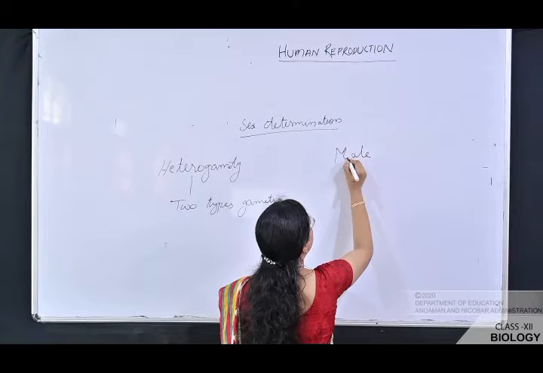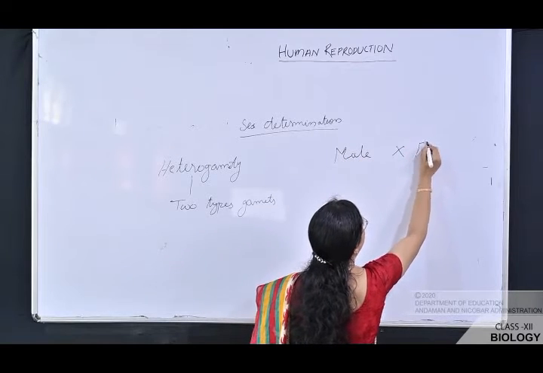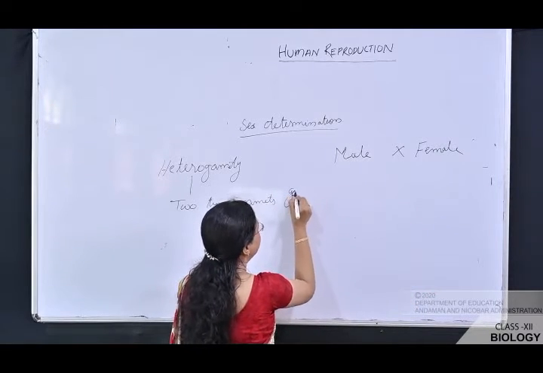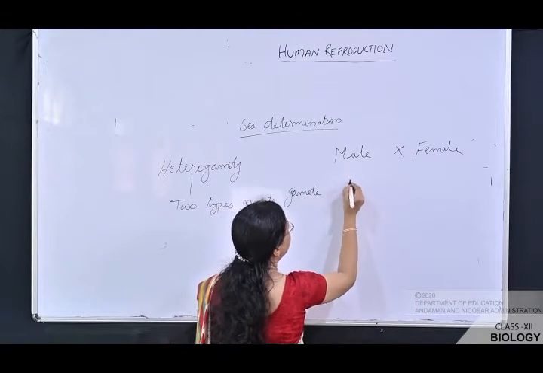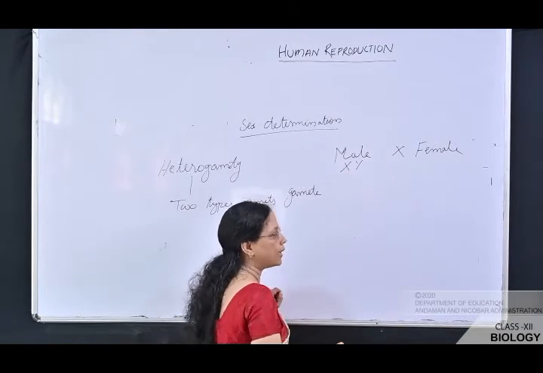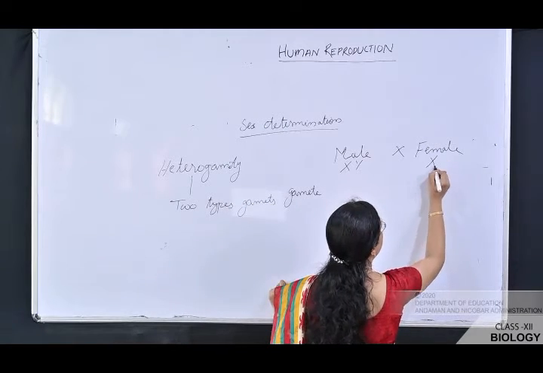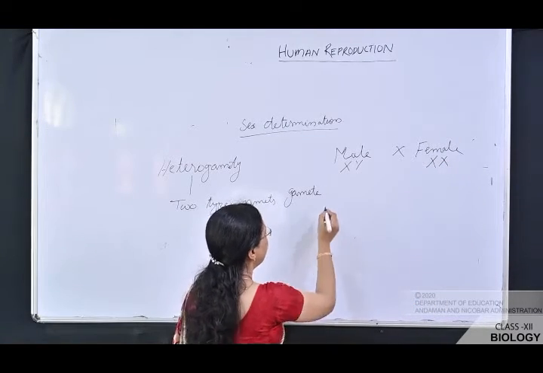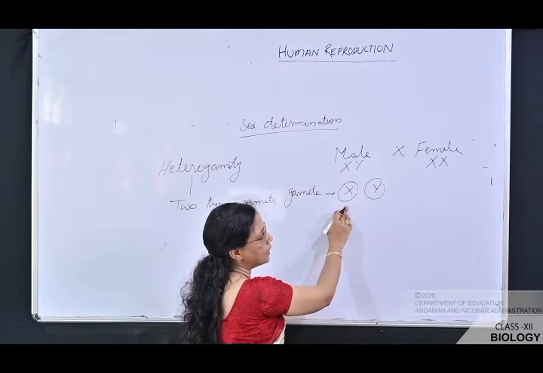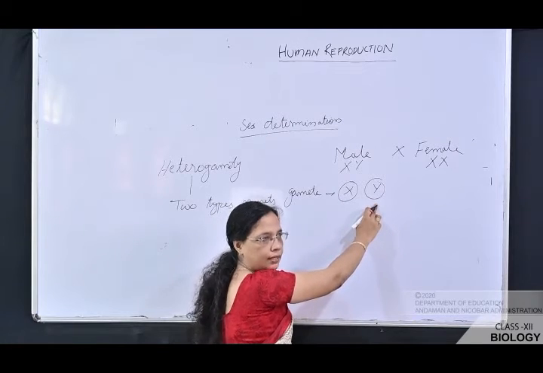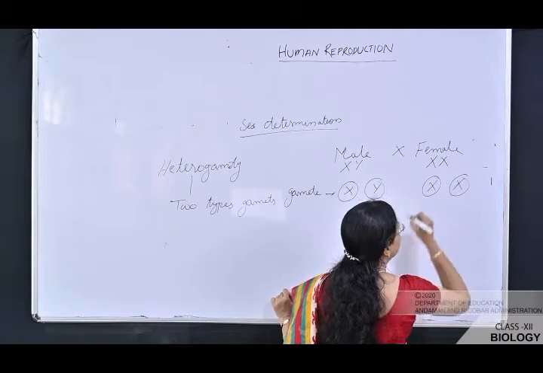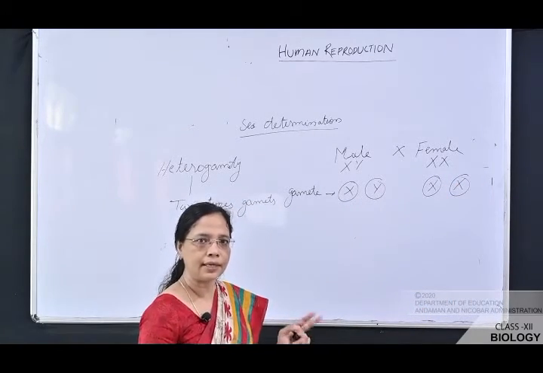Why is the male responsible for sex determination? The reason is that it produces two types of gametes. What are the gametes? The sex of the male we can represent as XY, it is a sex chromosome. Female is represented as XX. The male produces gametes X and Y. 50% of the gametes carry the X chromosome and 50% carry the Y chromosome. The female can produce only one type of gamete, all carrying the X chromosome.